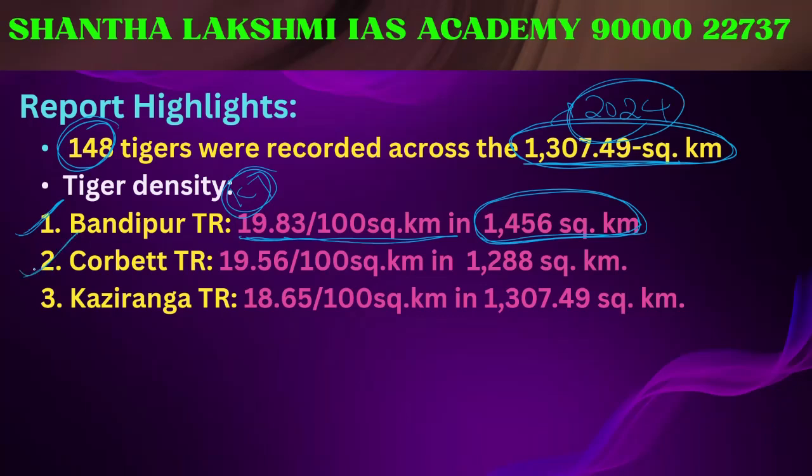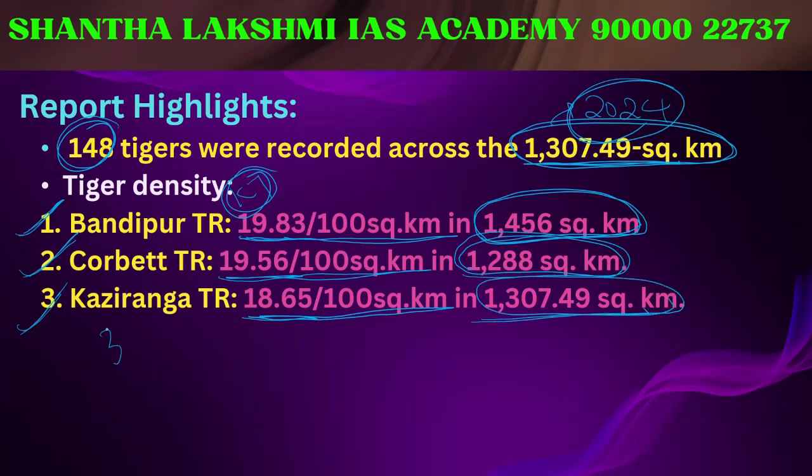And second comes the Corbett tiger density. It is the second highest, with 19.56 tigers per 100 square kilometers in a total area of 1288 square kilometers. And third comes the Kaziranga Tiger Reserve. So what is the tiger density in this Kaziranga Tiger Reserve? That is 18.65 per 100 square kilometers in 1307.49 square kilometers.